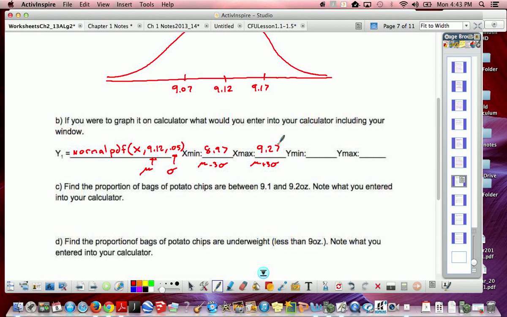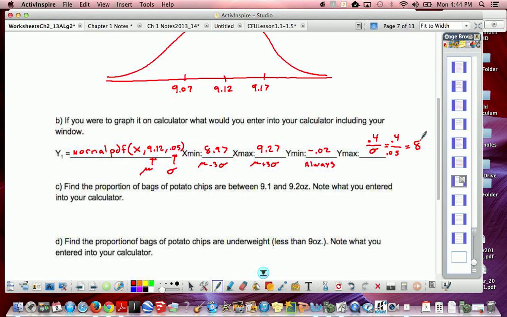Your y min, this is just an always, so that it shows up nicely, make it negative 0.02. For your y max, take the number 0.4 and divide it by the standard deviation. In this case, 0.4 divided by 0.05, we're going to make our y max approximately 8.